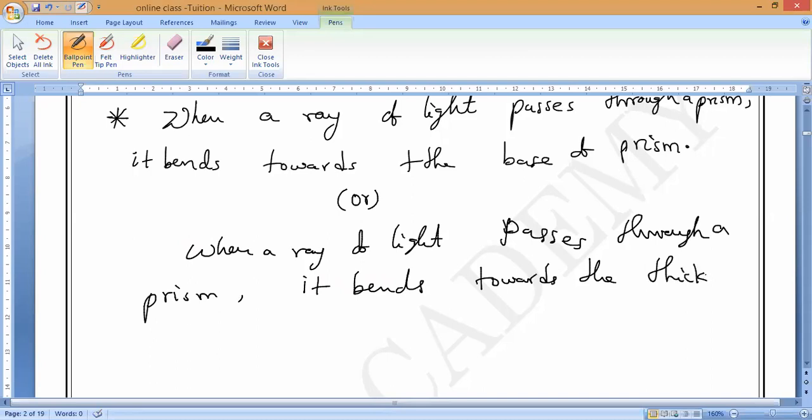What is the thicker part? QR. Understand? The QR part of the prism. Is it okay, guys?